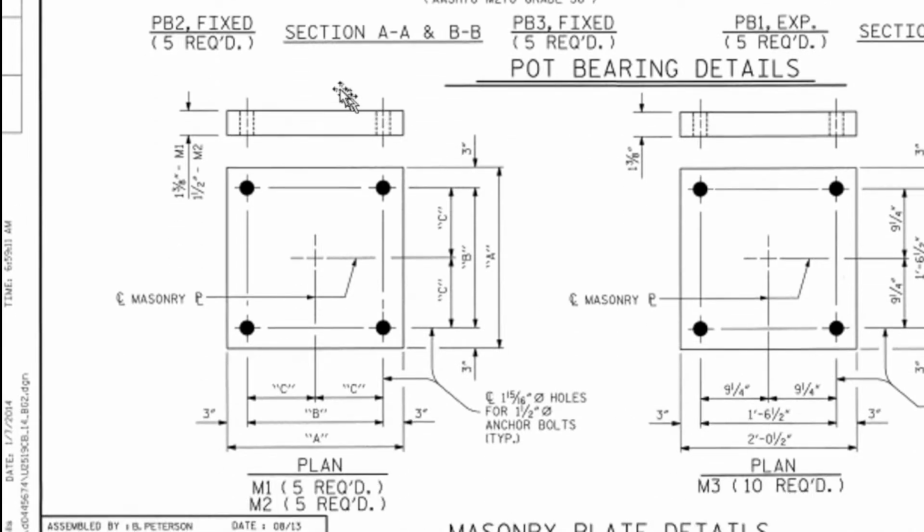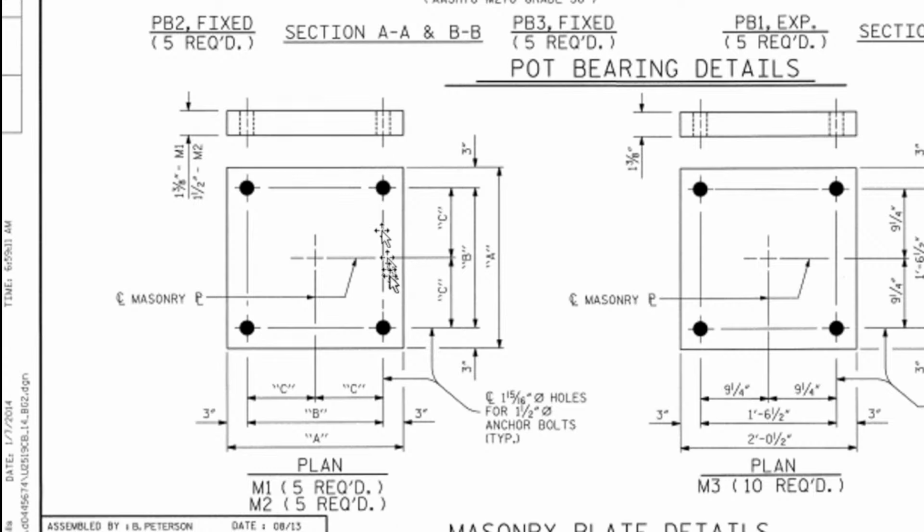Okay, so we have here section AA and BB. So that is on the upper part of the drawing. So that is also part bearing detail. This is the masonry plate details.